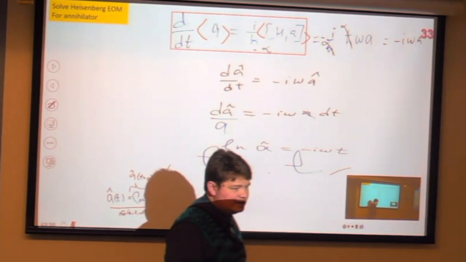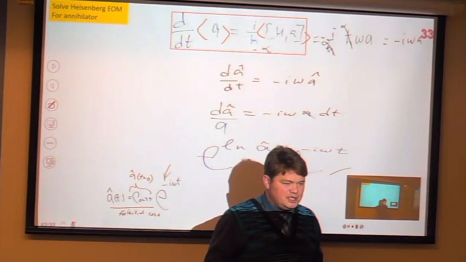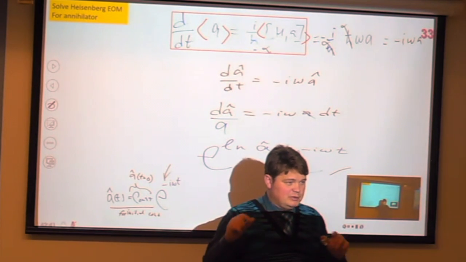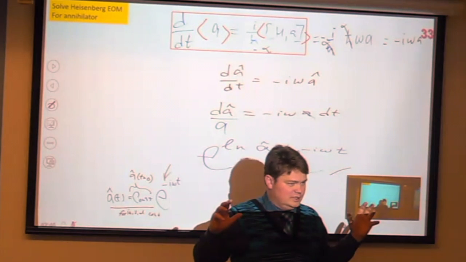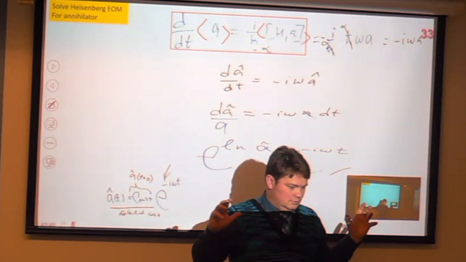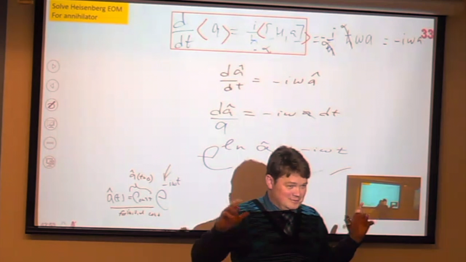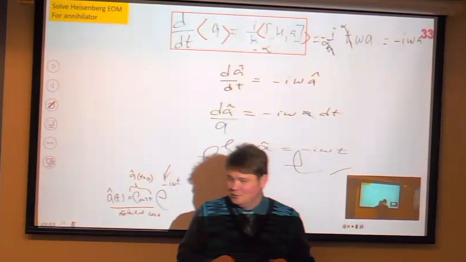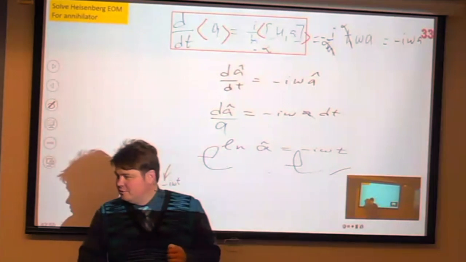But the equations will stay unchanged even if you do not write this with angular brackets. Some people can think of the operator changing in time. It's a little dangerous for the brain's sanity. With brackets, it's much easier to intuitively perceive what is going on. But mathematically, it doesn't matter.